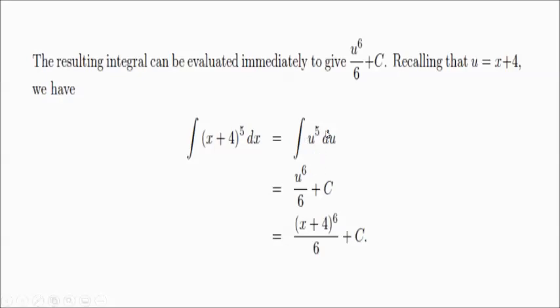So plus 1, so 6, and then over 6, class. Now, of course, this will not be your answer. You need to return it to the original. How do we do that? You return it since u is equal to x plus 4. So you just substitute it again. So the final answer is x plus 4 raised to 6 over 6. Okay? Then do not forget the plus c.